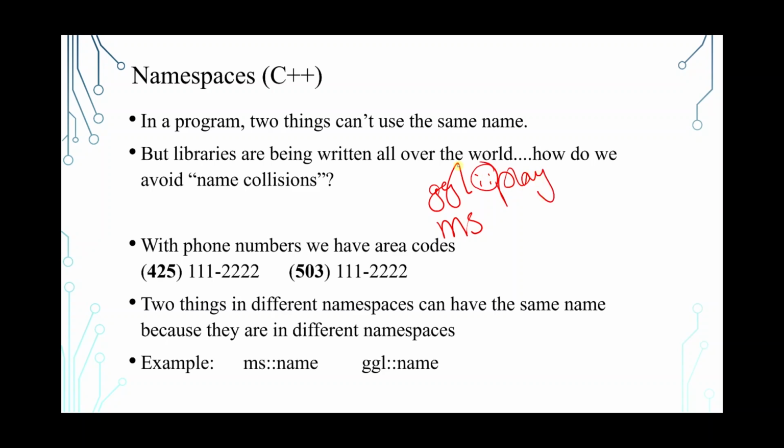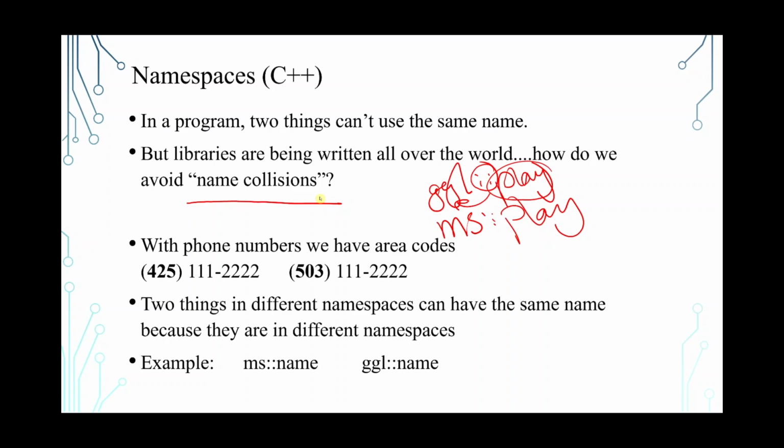Using those two colons is to access that function: use this function from this namespace, and play. So they cannot use the same name if I choose play and I use both libraries. This is going to cause name collisions.